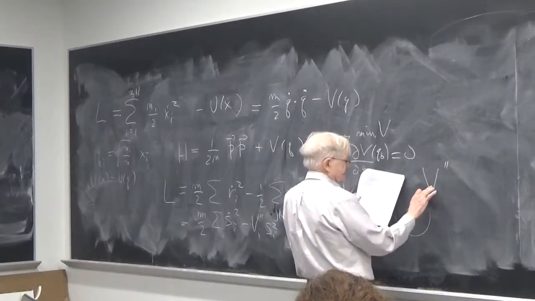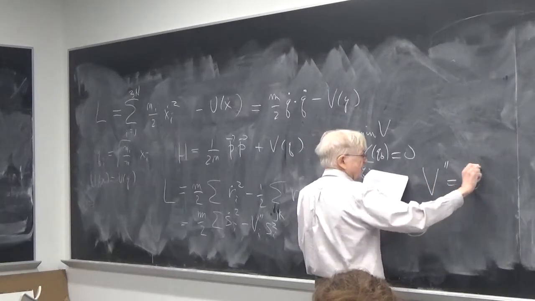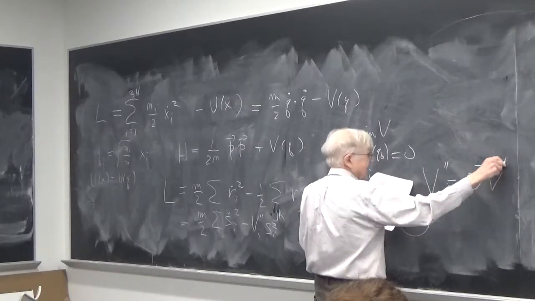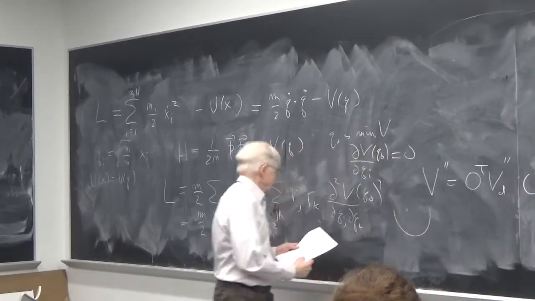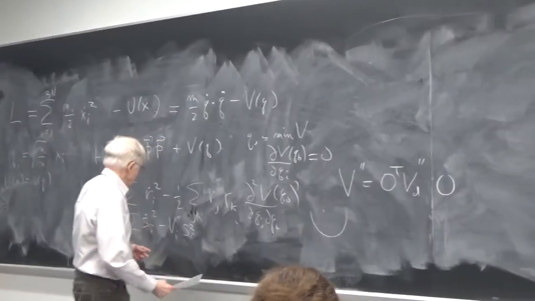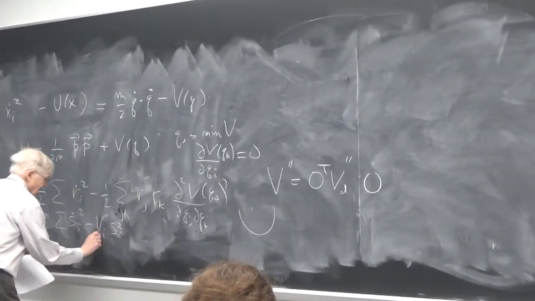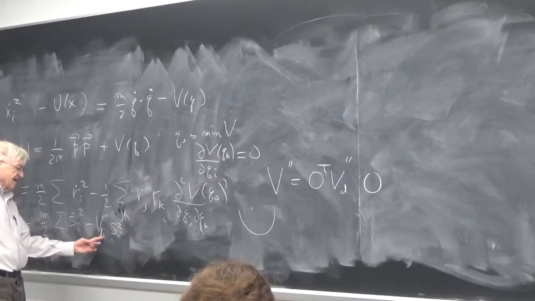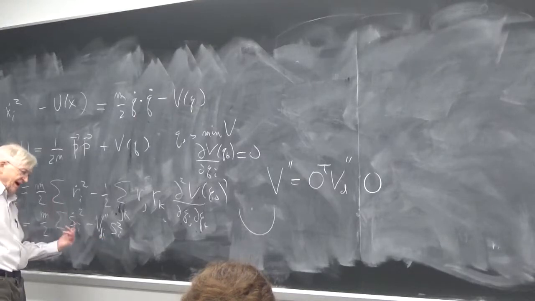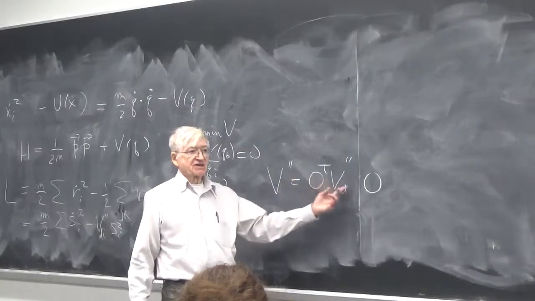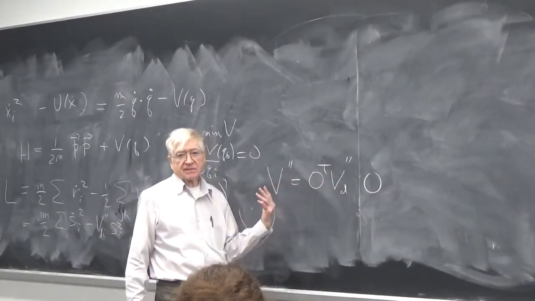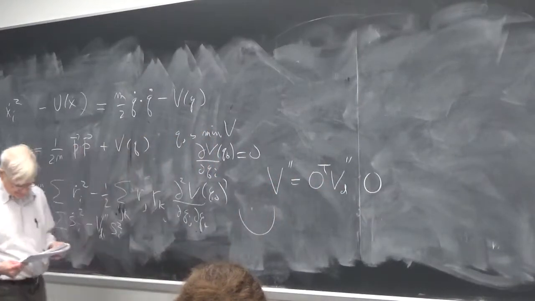So V double prime can be written as O transpose V double prime diagonal O. And so this V_D,i is the ith element on the diagonal of the diagonalized potential at the minimum. And those are the normal modes.